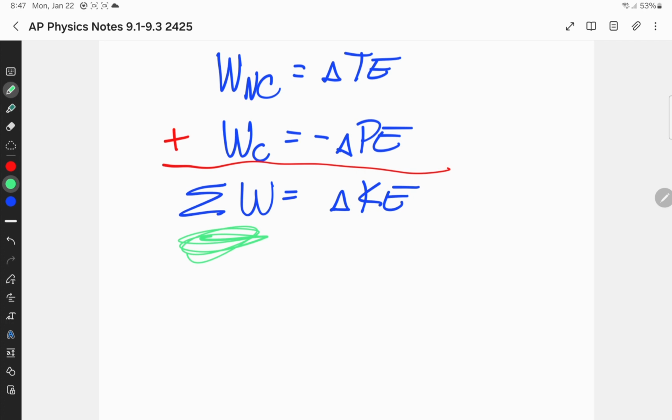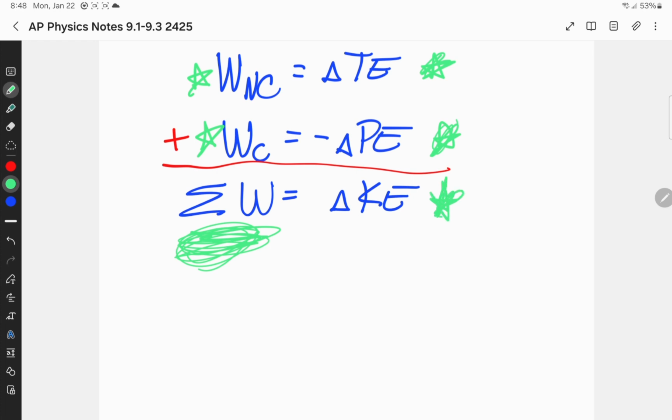That's the total of all possible works, right? Well, every force is either conservative or non-conservative. So if I take the work done by my non-conservative forces plus the work of my conservative forces, that's going to give me my net work, right? That's going to give me my total work. Similarly, if I take my change in total energy and subtract my change in potential energy, that's going to leave me with my change in kinetic energy.